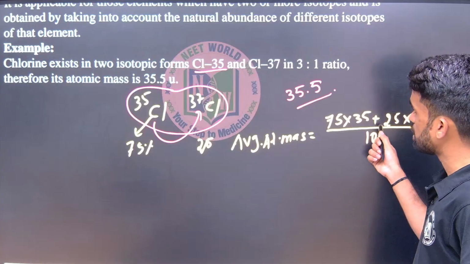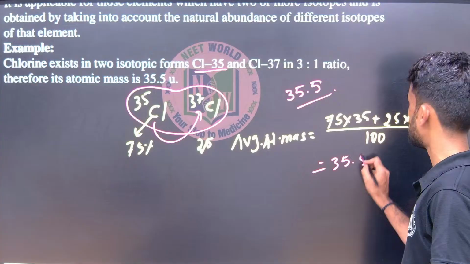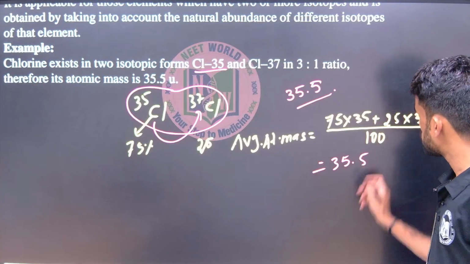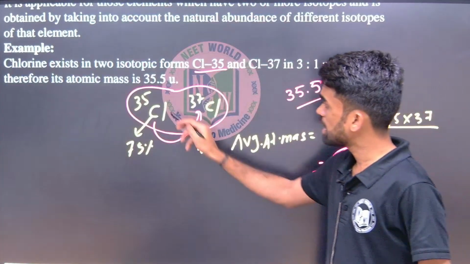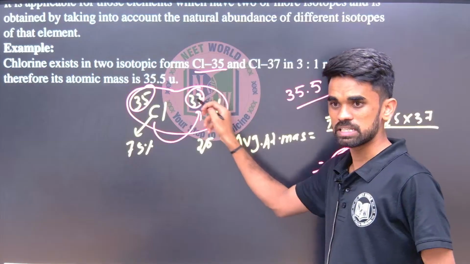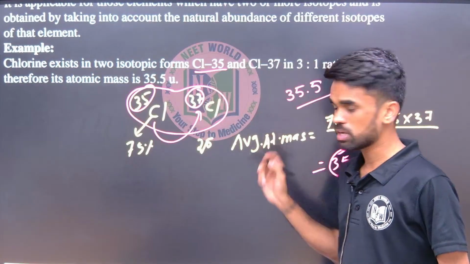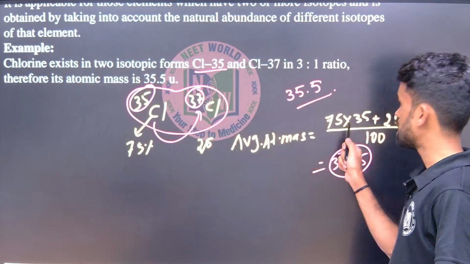If you simplify this, you are going to get 35.5. So this will be the average atomic mass of chlorine. For Cl35 it will be 35, for Cl37 it is 37. But for average, consider both of them and their percentage abundances.